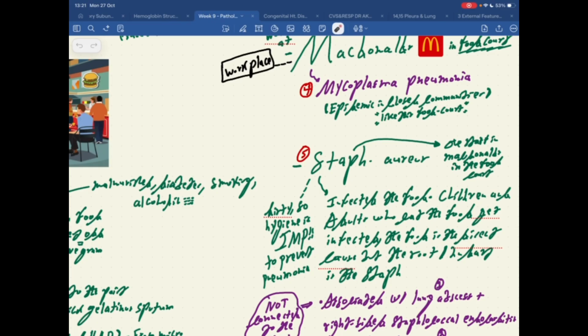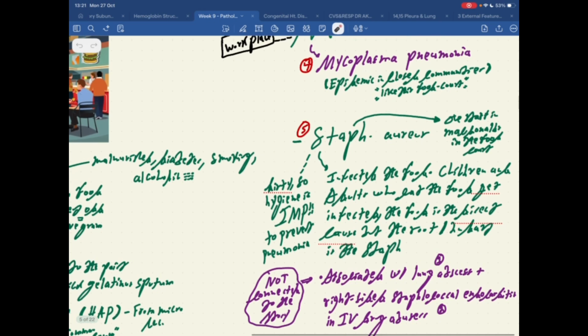This is how it's connected: Staph aureus causes a secondary infection upon the primary infection, okay? And usually that primary infection is viral. So Staph aureus, now we're talking medically, is a secondary bacterial infection to a primary infection that was there, and it's usually viral, okay?